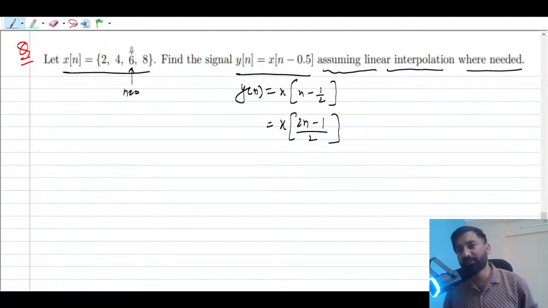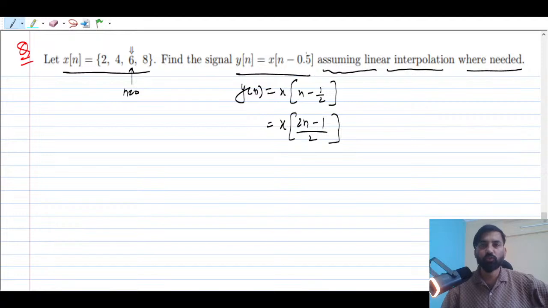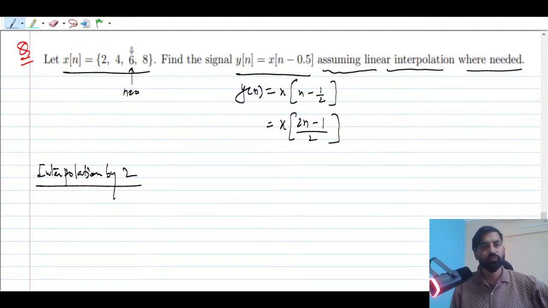So what is the first step that you have to do? First, you go for interpolation by 2. That means you have to find x of n by 2 first.